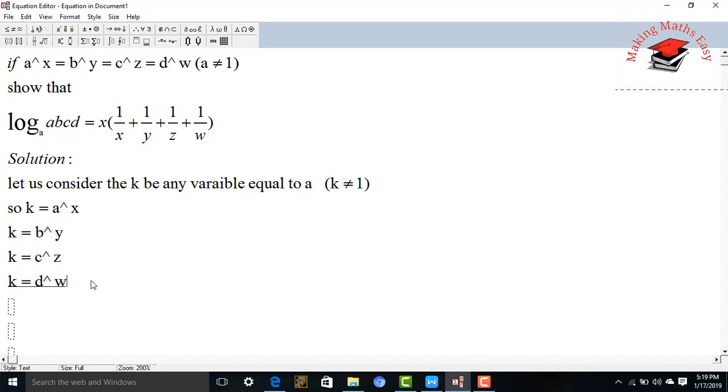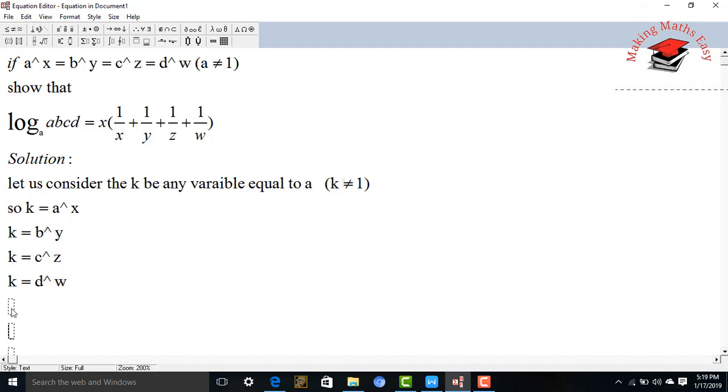Now we will look at the thing which we have to prove. We have to prove that log of abcd base a is equal to x into 1 by x plus 1 by y plus 1 by z plus 1 by w.